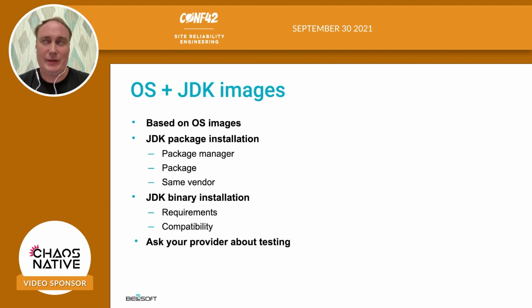In all those cases, it's good to be sure that someone who provided the base container image for you took care of testing, because there is a huge amount of compatibility testing for the case when we create a JDK distribution.